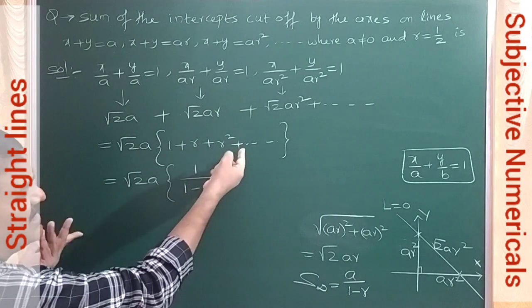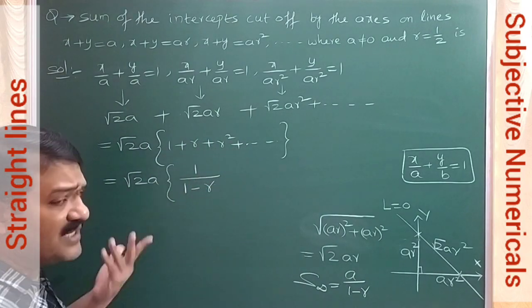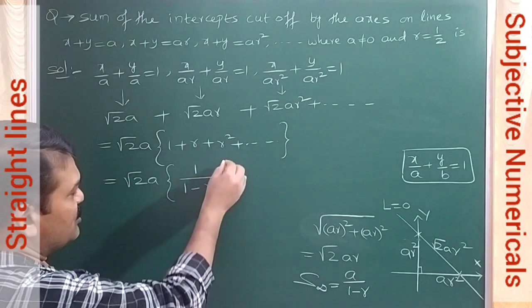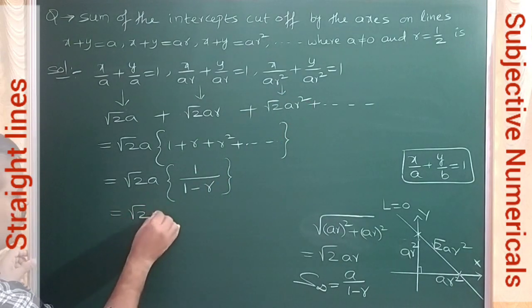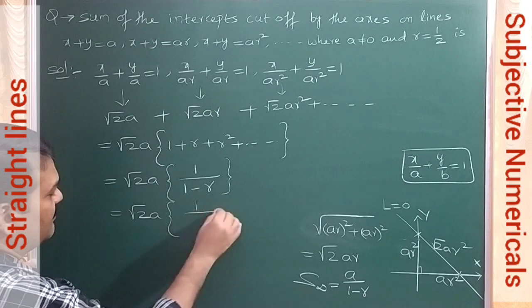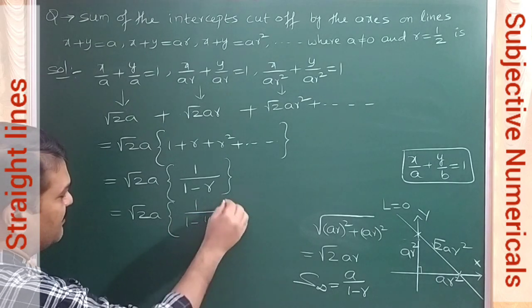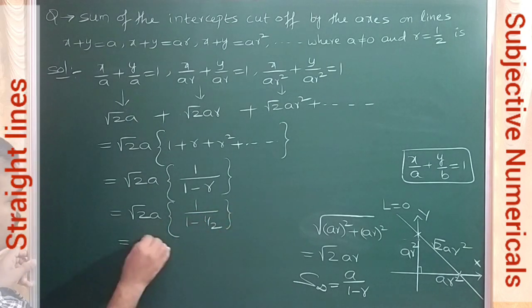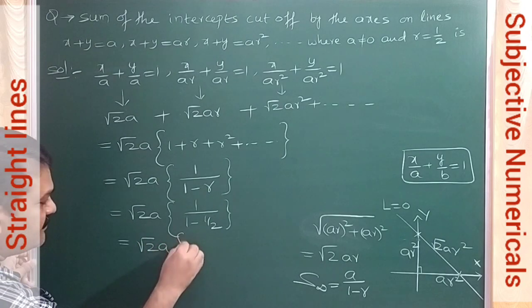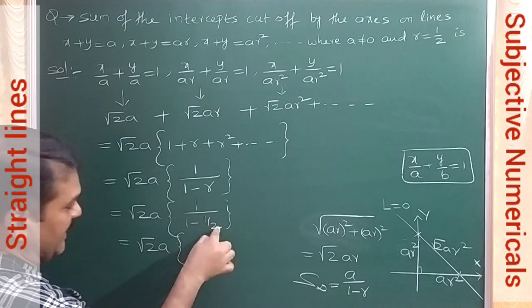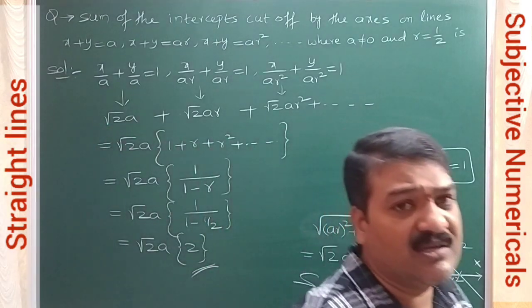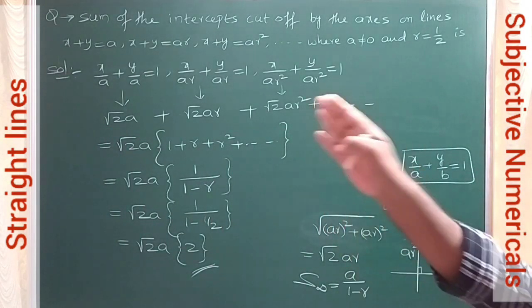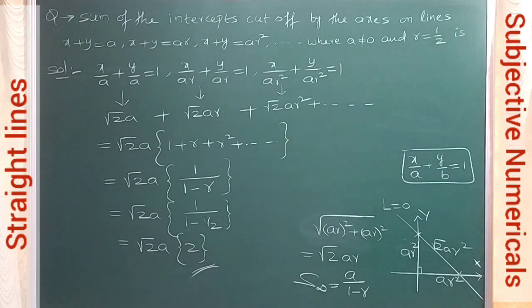Now substitute 1 by 2 in place of r. So root 2a into 1 by 1 minus 1 by 2. Therefore this is root 2a into 1 by 1 by 2, that means 2. So this is the sum of the intercepts cut off between the axes for the given lines continuously.